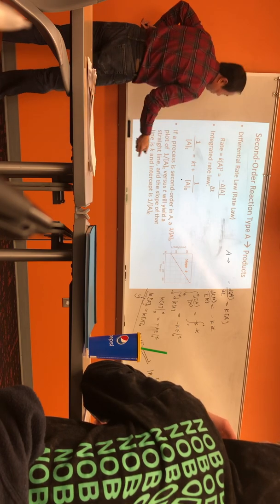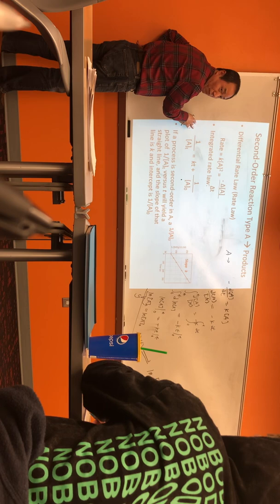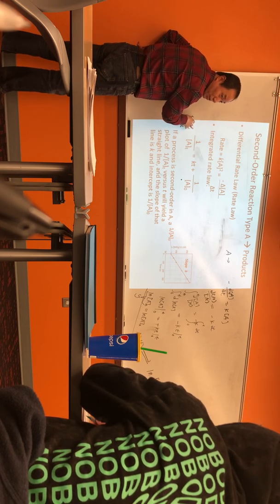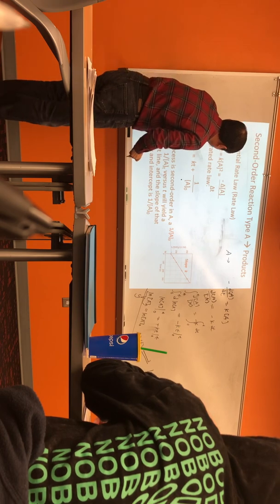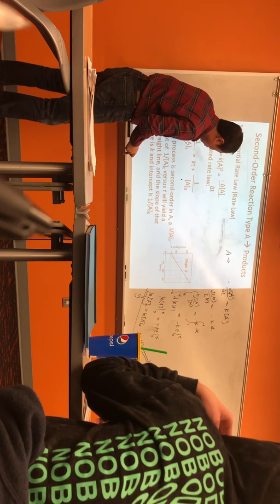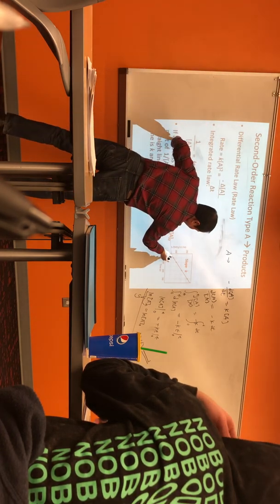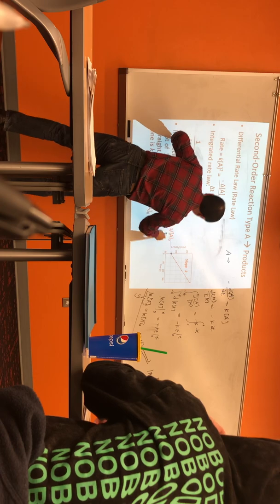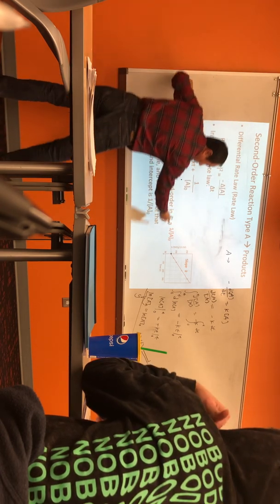So what you need to do is memorize the integrated rate law, okay? If you want, I can derive it. It's easy. So in this case, this is your y value, 1 over concentration. This is the y-intercept, so it starts from 1 over A0. And still my x-axis is time.